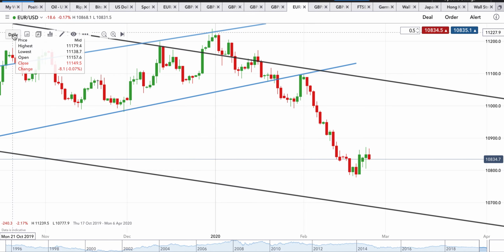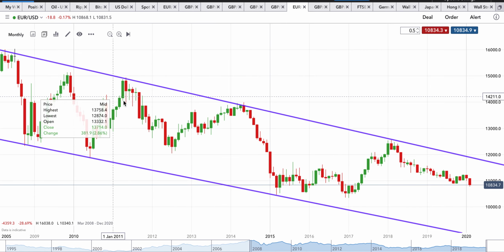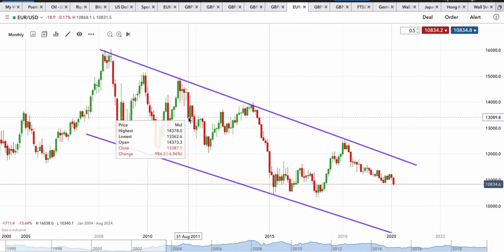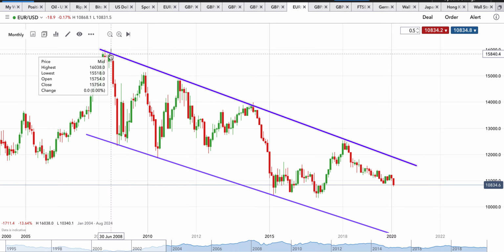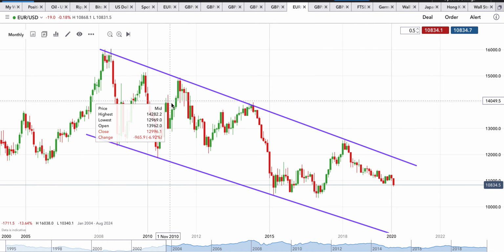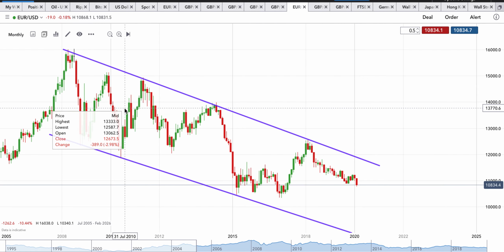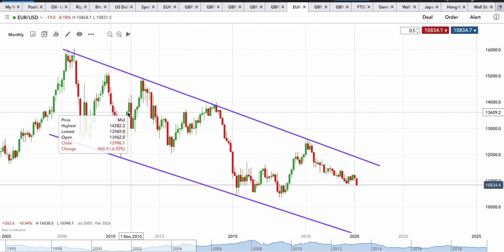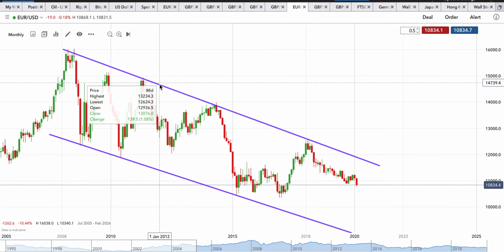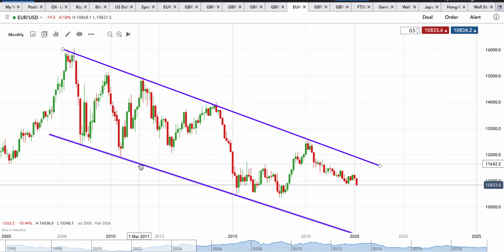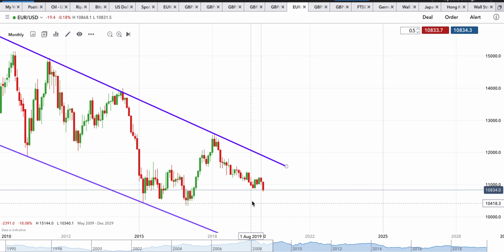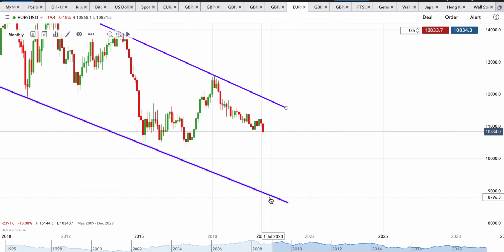It's worth noting also from a very macro perspective, the euro dollar has been trending down since, what's this, 2008. So for the past 12 years, essentially just under 12 years, this market has been in a downtrend, as you can see encapsulated by these lines here. So we probably won't get to the bottom of this channel anytime soon.